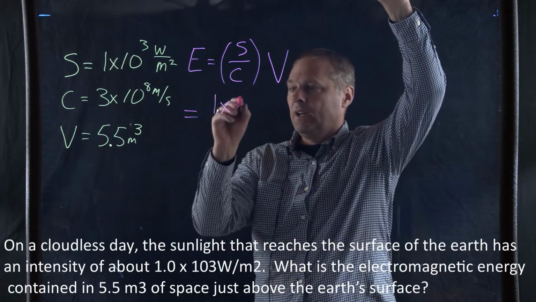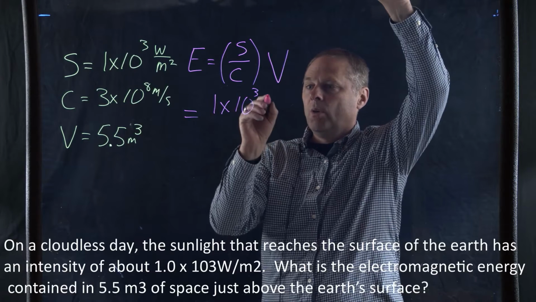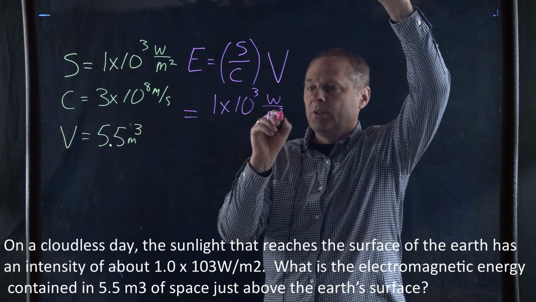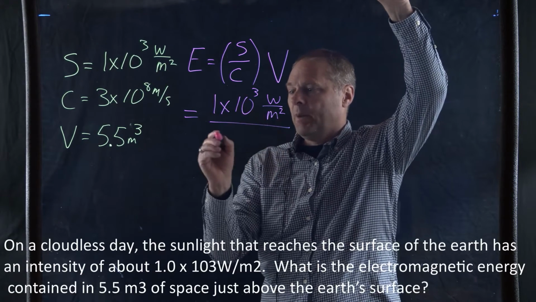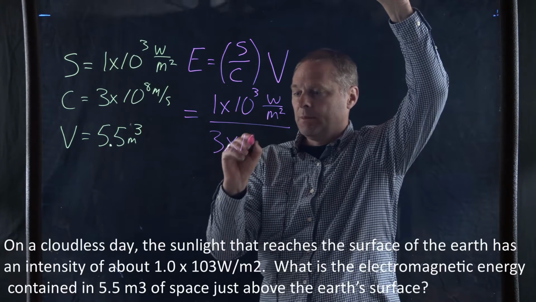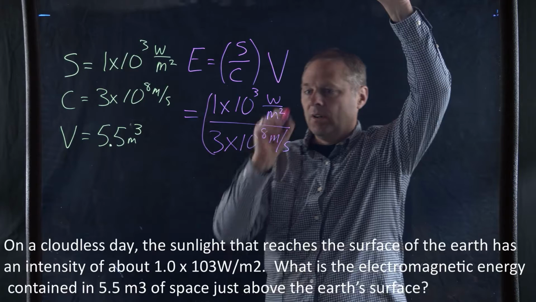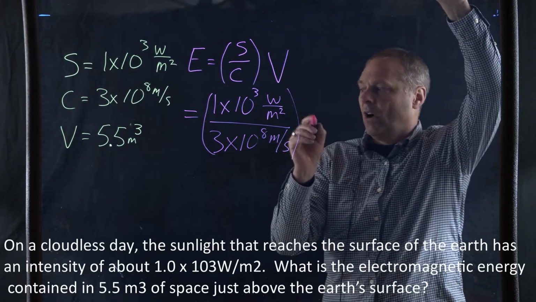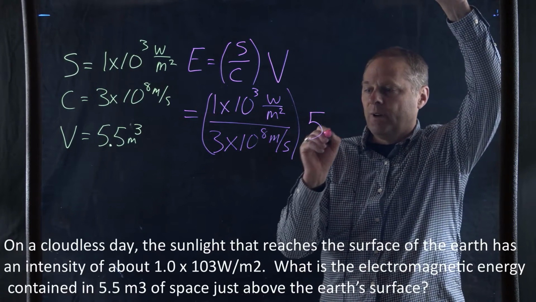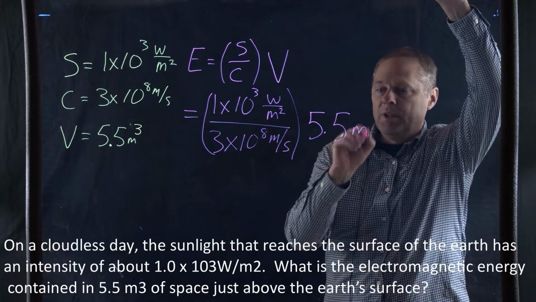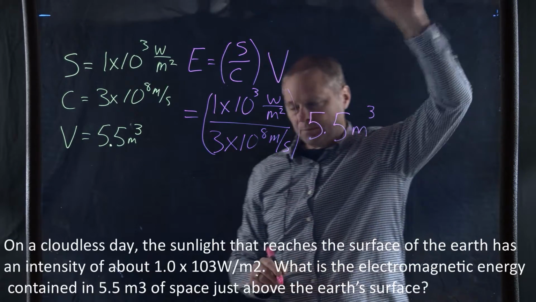We get 1 times 10 to the third watts per meter squared divided by the speed of light, which is 3 times 10 to the 8th meters per second, times now our volume, which is 5.5 meters cubed.